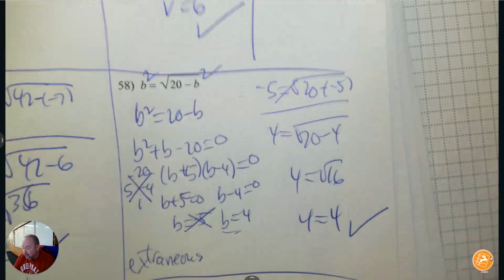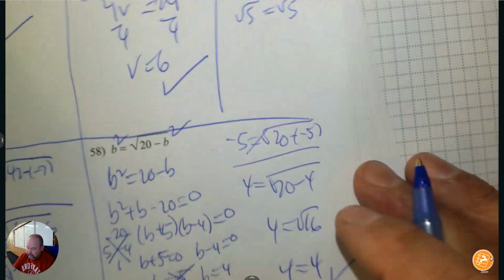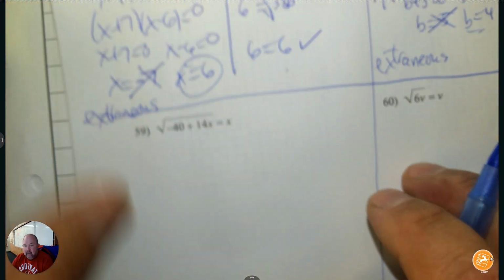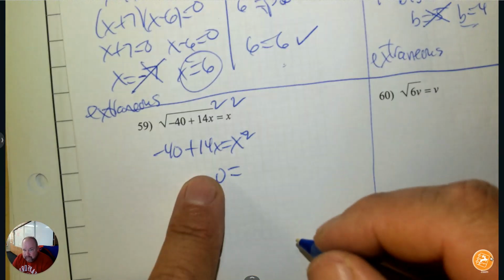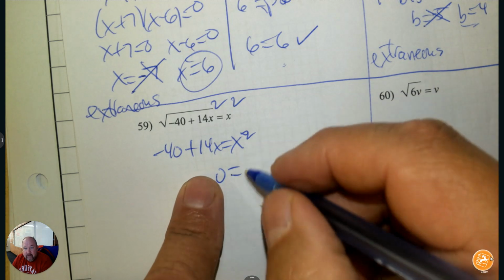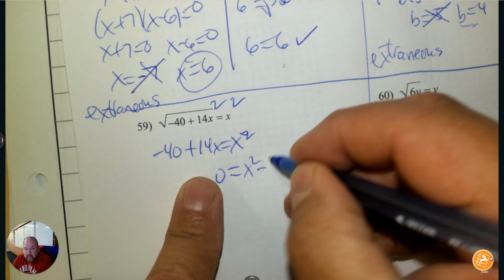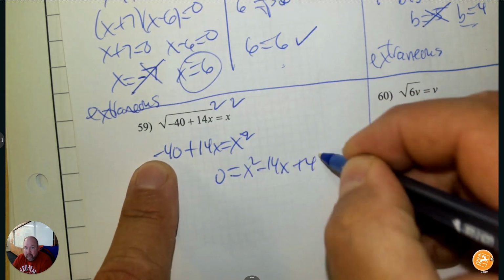All right, two more and then we're going to graph, right? All right, undo the square root by squaring. And then I need to make it equal to 0. So can you make this equal to 0? I'm going to subtract 14x and add 40.